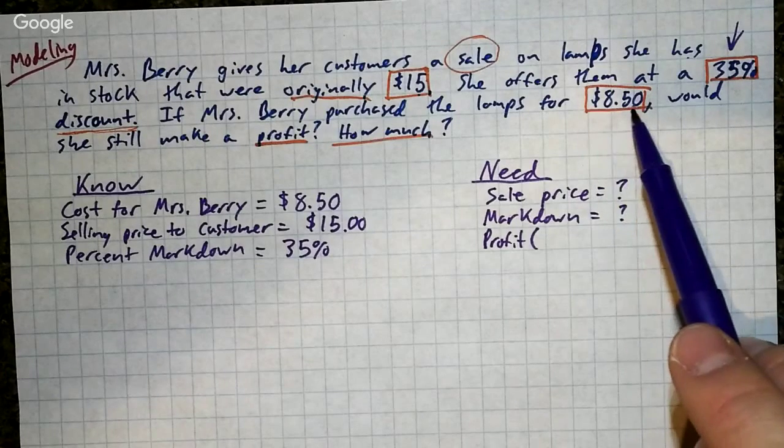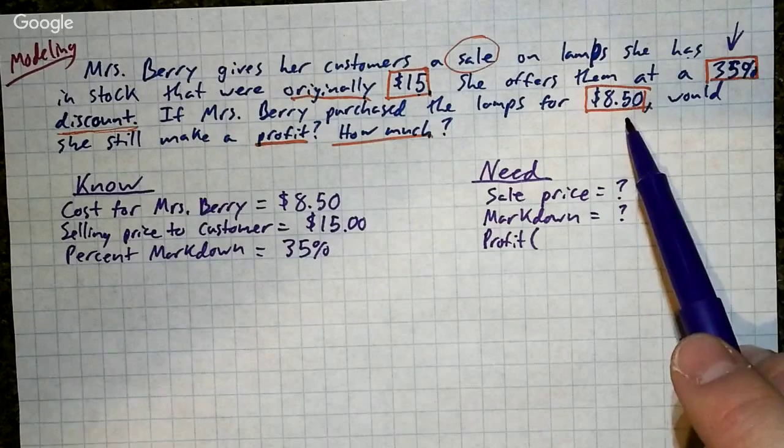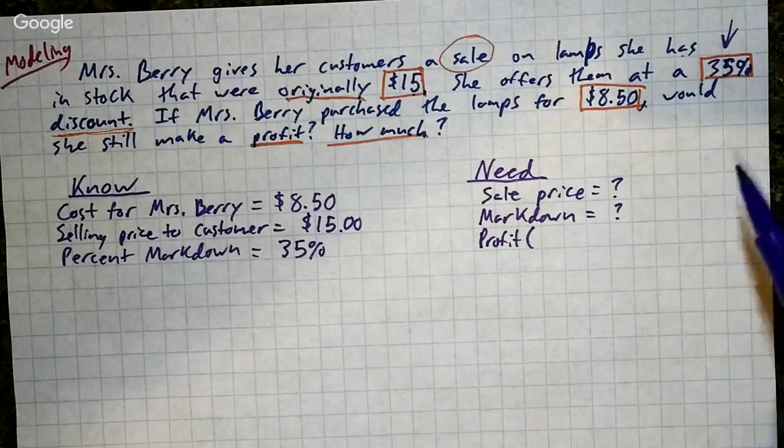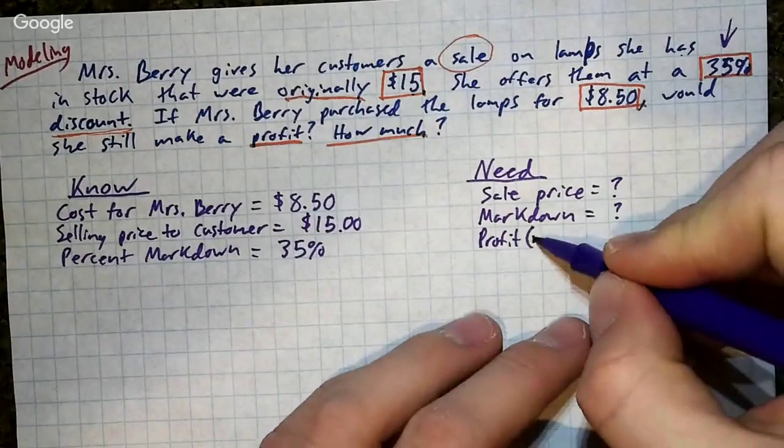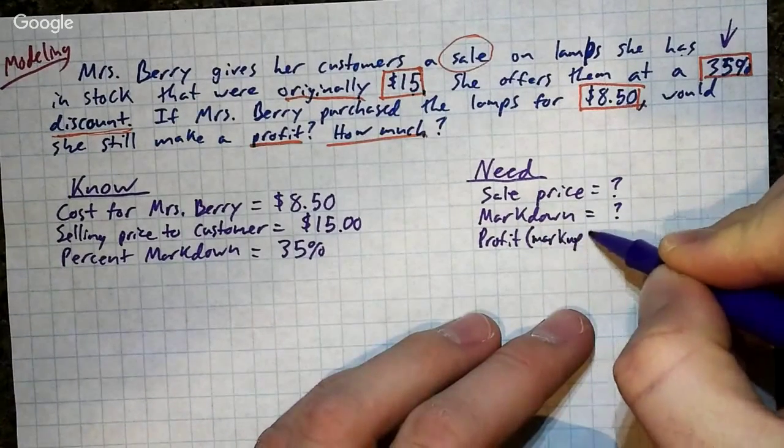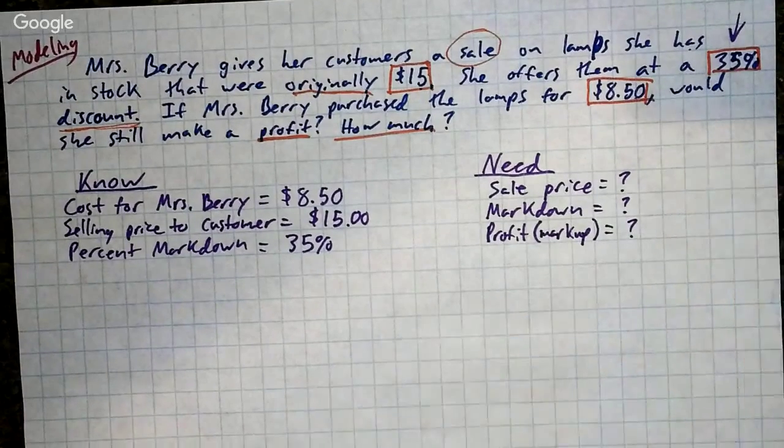If it's more, if her sale price is still over $8.50, then we know she's still making money. So we need to know the profit or the markup. Okay, so we need three things.